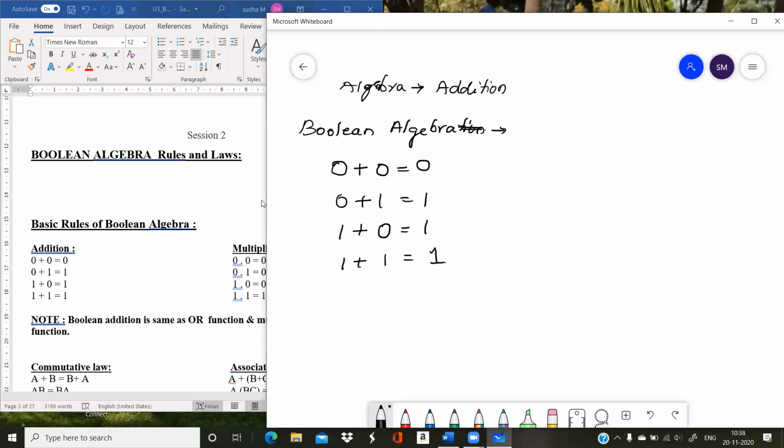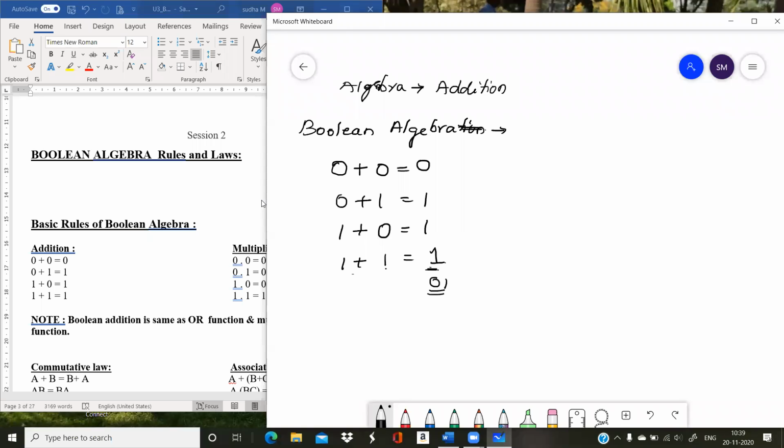But here in the Boolean algebra rule, we write it as 1 only. 1 plus 1 is equal to 1. While doing actual addition, we have written it as 1, 0, but remember, it is not 1, 0 here. While doing Boolean algebra addition, take it as 1 only.